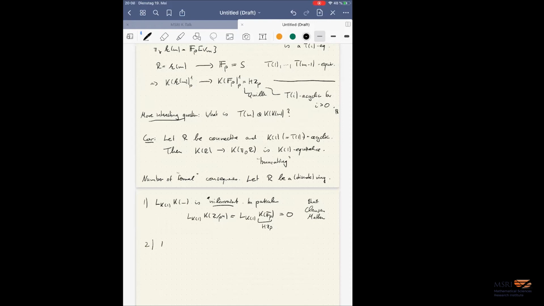So another consequence, which actually follows from one in a non-obvious manner, is that K1-local K-theory, where K1 is also depending on the fixed prime p, is insensitive to inverting p.